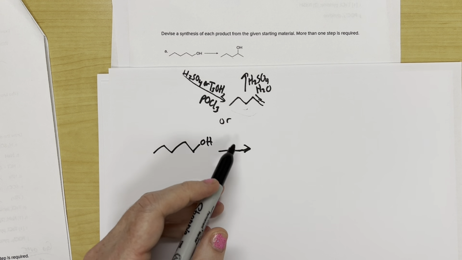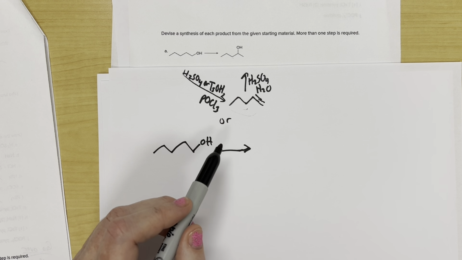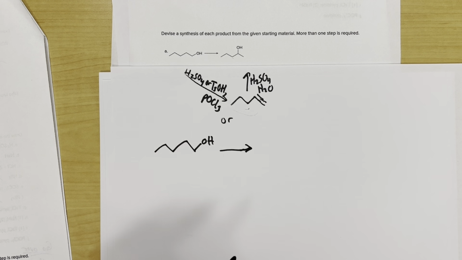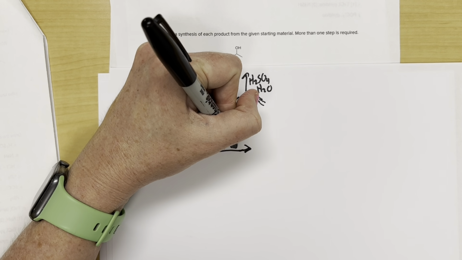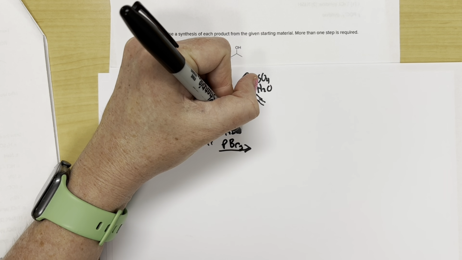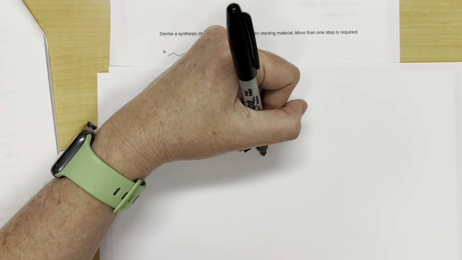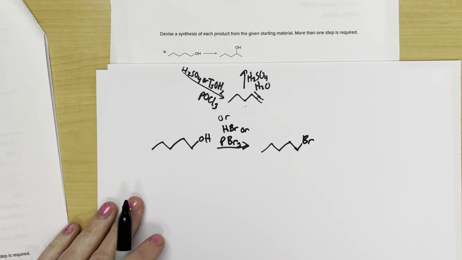It wouldn't need the zinc chloride for that situation. You could do HBr, you can do PBr3. Those are the two I can think of. So let's take PBr3 or HBr, and what that would do is put a bromide on there.